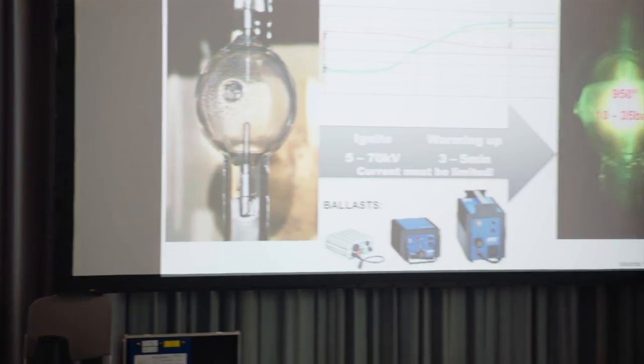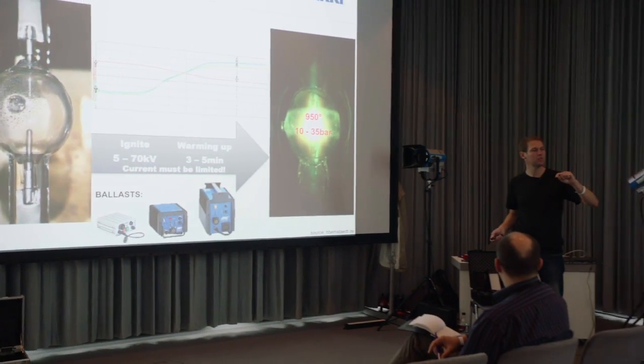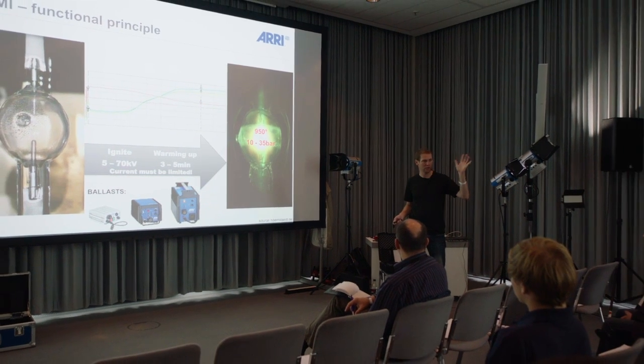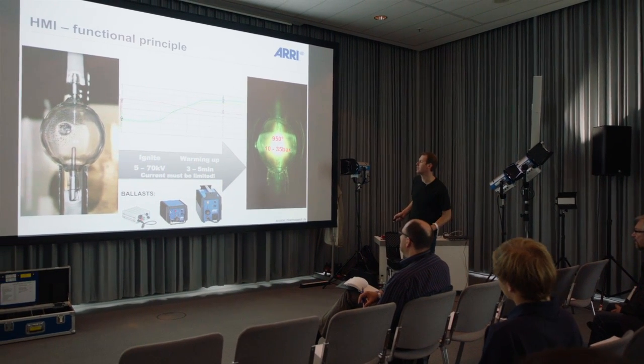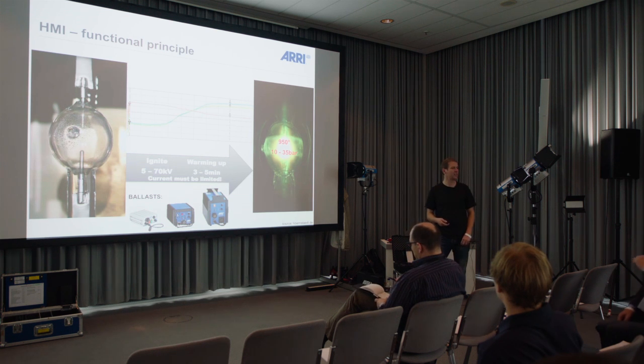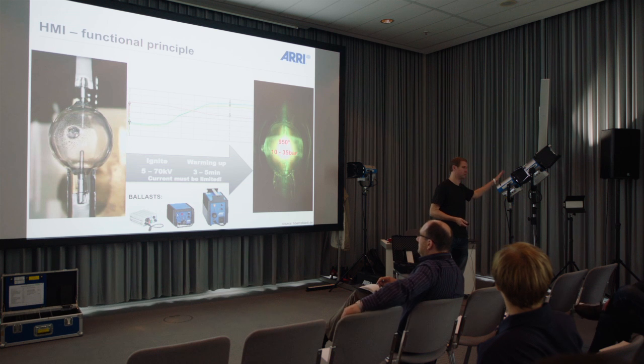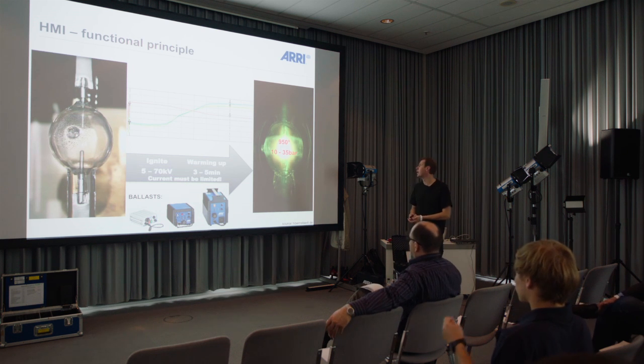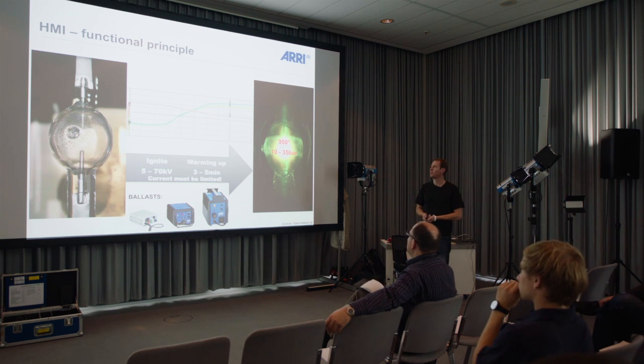HMIs are dimmable, but not as well as tungsten. How much can you dim an HMI? 50%. Yeah, around 50%, true. So that's at least an option to dim the light, but it's not as flexible as with, for example, tungsten or even LED. This is how HMIs work.